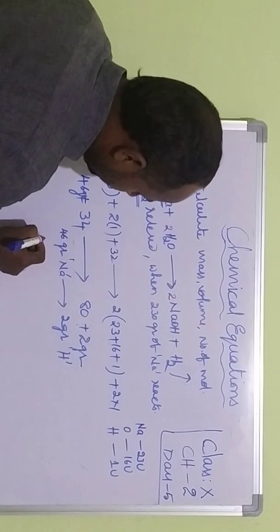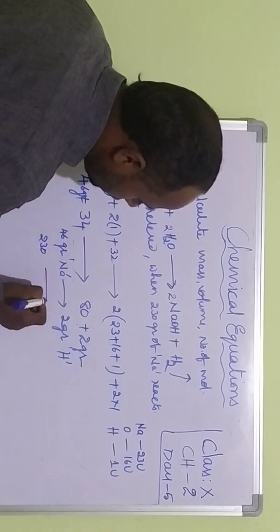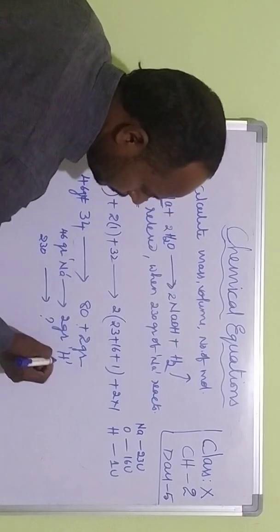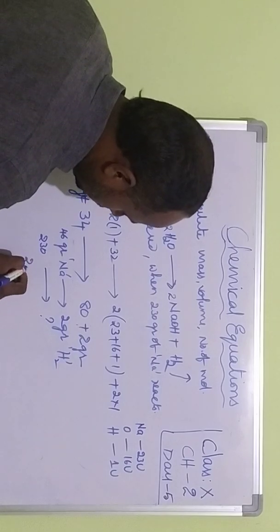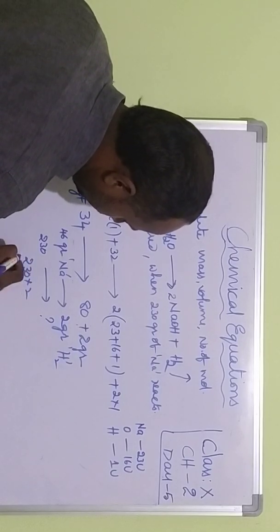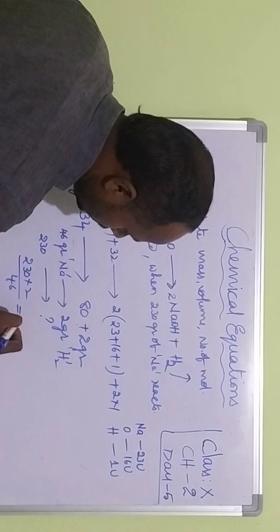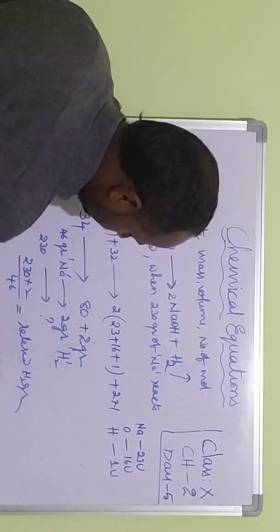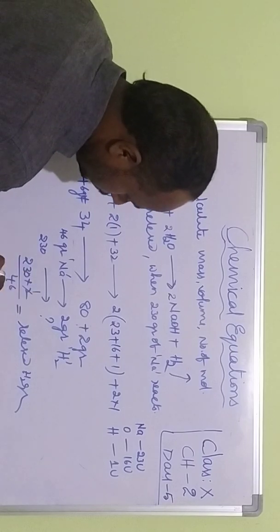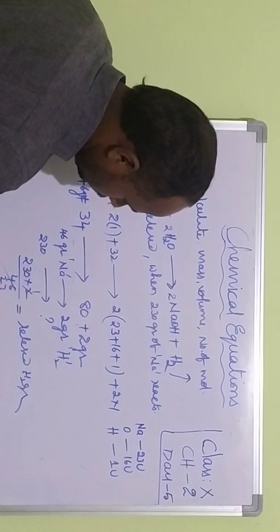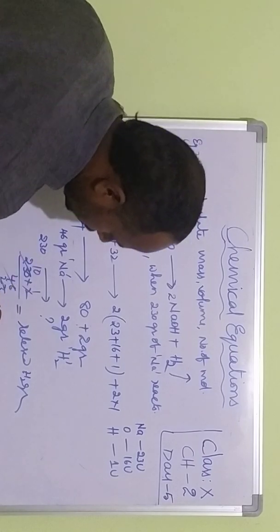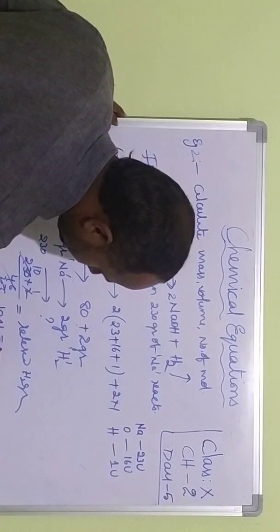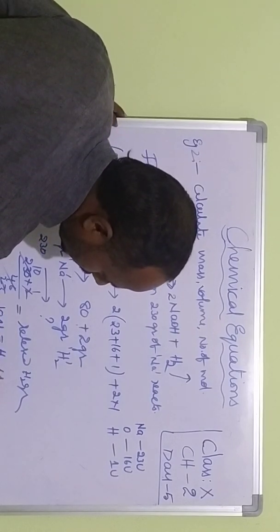Then easily, 230 grams of sodium gives you how much hydrogen gas? So 230 into 2 by 46. Then you can find the released H2 gas. That means 10 grams of H2 is released.